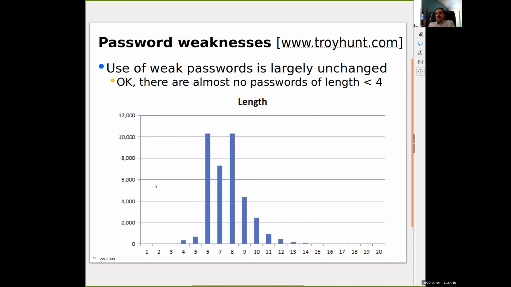no longer 1 or 2 characters, most probably because in the 2000s, no system would allow passwords that are perhaps shorter than 4 characters. But then you can see that most people choose 6, 7, or 8 characters, which is not particularly secure.